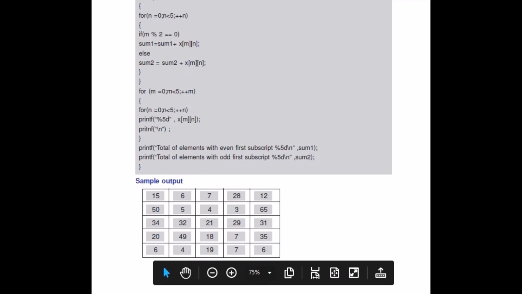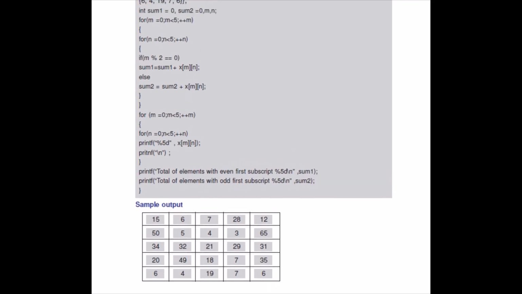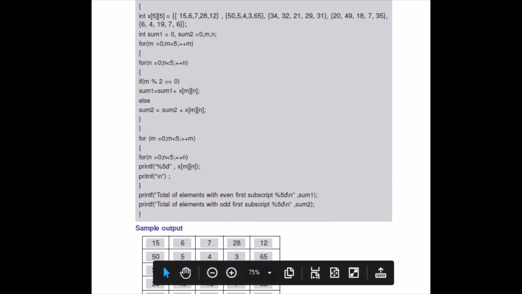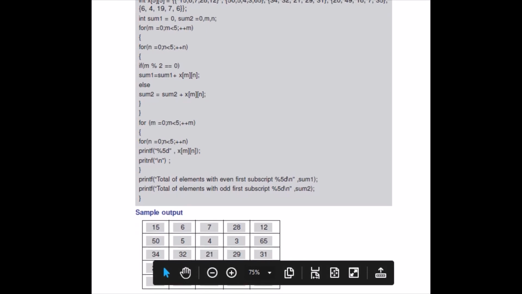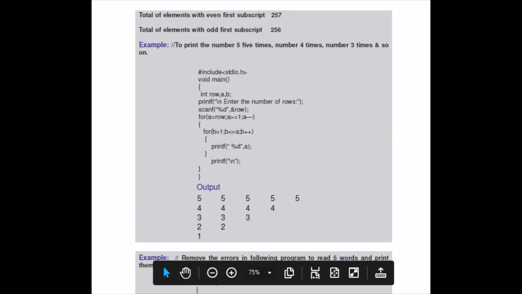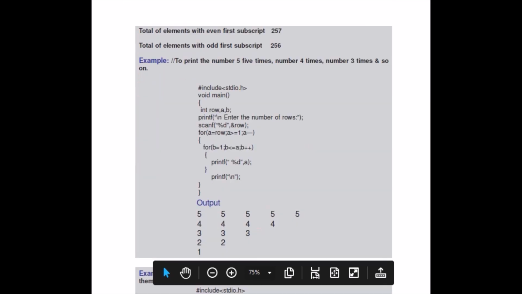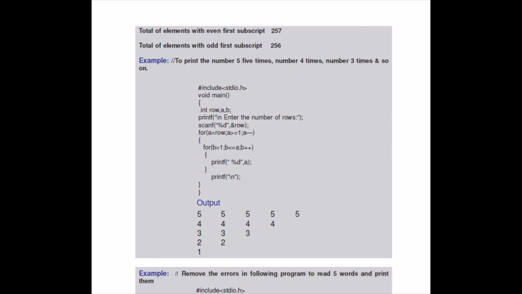Now, see the number of rows and columns, how the value goes. 15, 50, 34, 34 rows and columns. And the end is total of elements with even subscript is 257. Total elements with first odd subscript is 256.